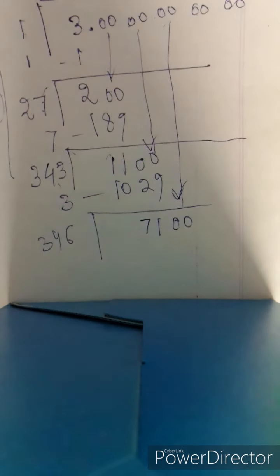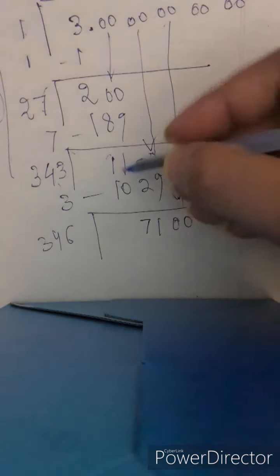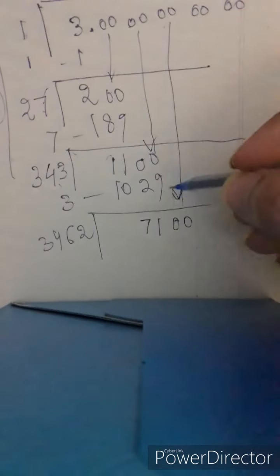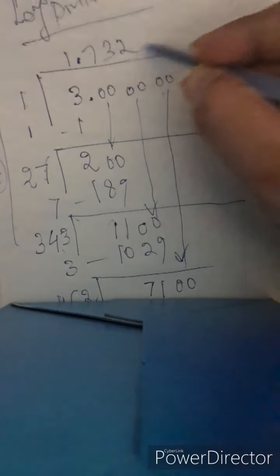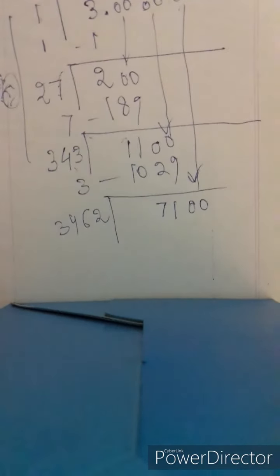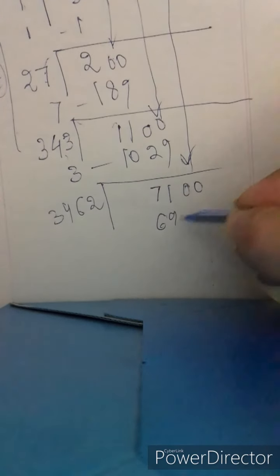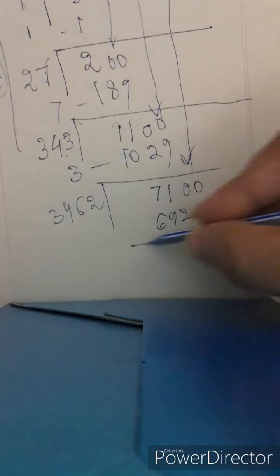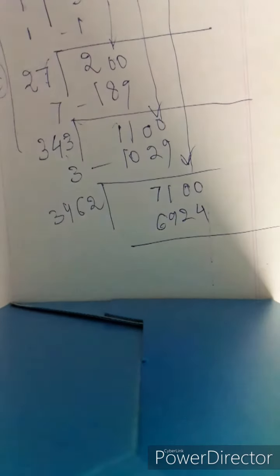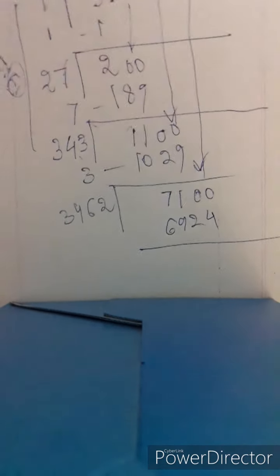Now we know 346 into 2 becomes 6924. It is near about 7100, and if 3463 multiplied by 3 is done, then the value becomes greater than 7100, which we can't take.